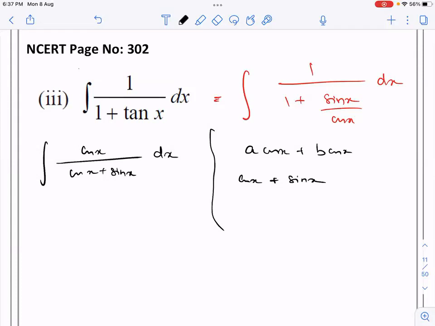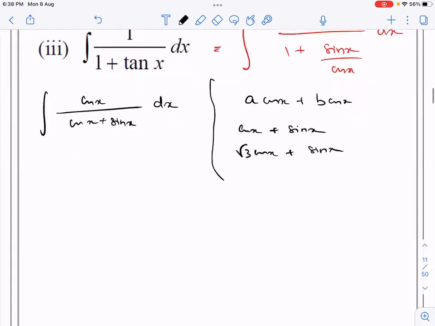You will find root 3 cos x plus sin x, or cos x plus root 3 sin x. These are all standard forms. They give it in this form because a cos x plus b sin x can always be simplified and written as a single trigonometric function.